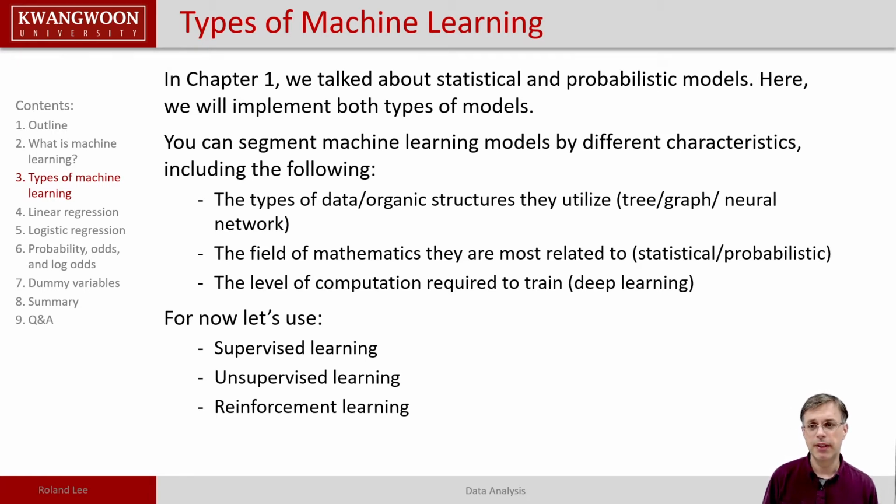This time, we will talk about the following: types of data, organic structures they utilize, so tree, graph, neural network, the field of mathematics that is used here, so statistical and probabilistic, and the level of computation required to train, that is deep learning.